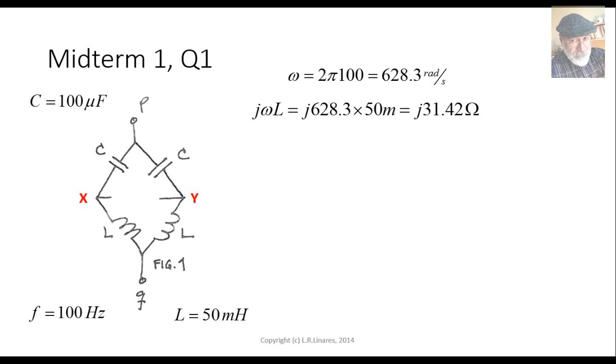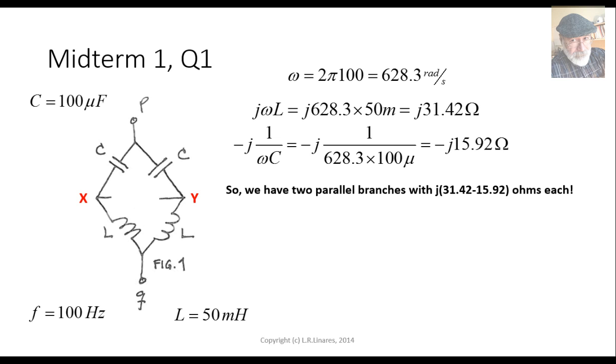The impedance of the capacitors, negative j 1 over omega C, is negative j16 ohms. Put each capacitor's impedance in series with the inductor's impedance, and in each one of the two branches we have an impedance that is in reality j31 minus j16 ohms, and put them in parallel. That is j7.75 ohms.